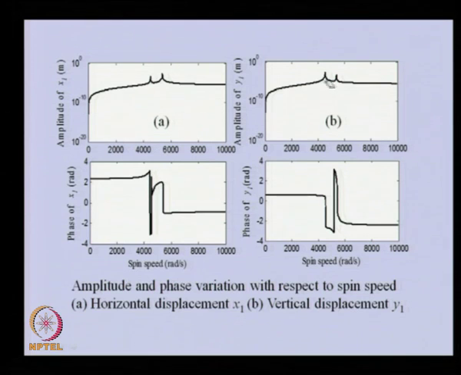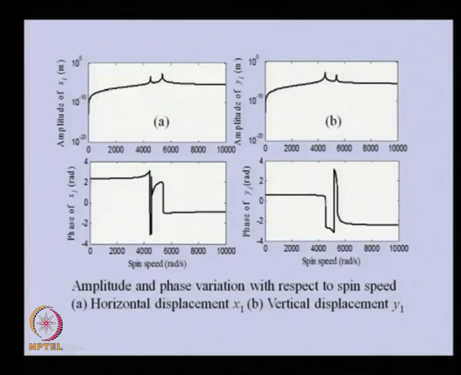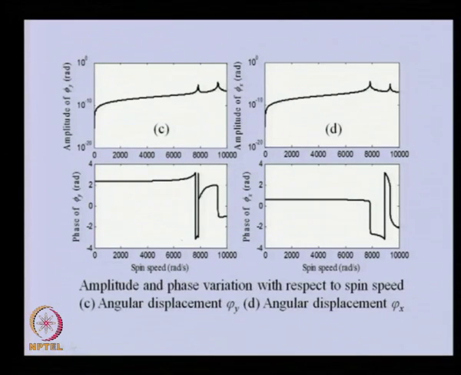In the other plane also we are getting the same critical speeds, because these 2 motions are coupled, and they are between 4000 and 6000, corresponding to the first 2. Similarly, we can plot the response corresponding to the tilting motion in one plane and the other plane.